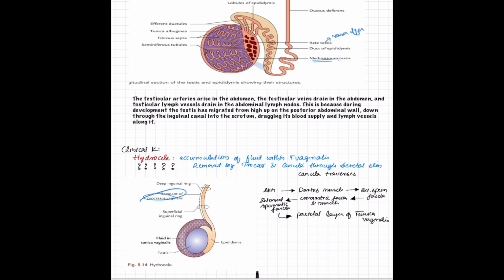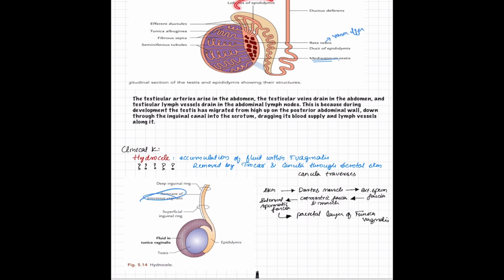From there they go into the efferent ductules, and from efferent ductules into the lobes of the epididymis.